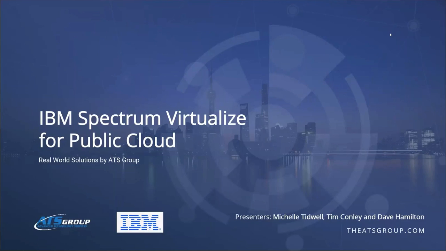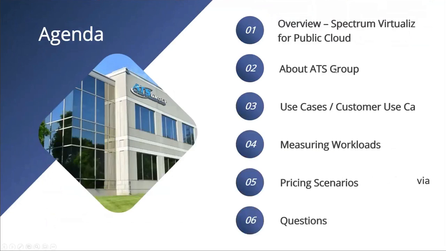And so we've got a great agenda. Tim, why don't I turn it over to you to take us through the agenda and kick it off? Sounds good, Michelle. Thank you very much, and welcome everybody. Thanks for joining us. We're going to give you an overview of Spectrum Virtualize for Public Cloud. What is it? How does it work? Tell you a little bit about the ATS group. We'll get into some customer use cases, just so you have an idea on where this solution can fit.